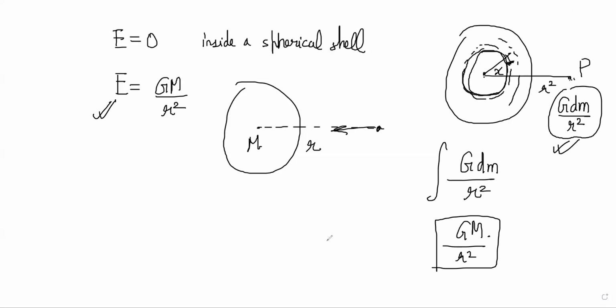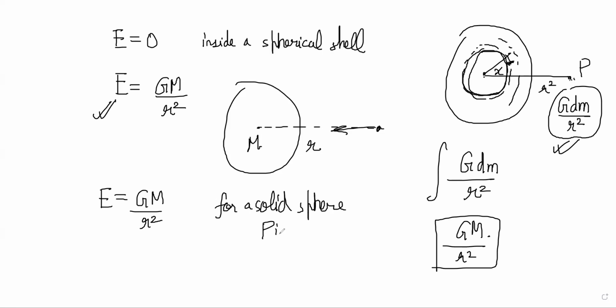So even for a solid sphere, E is equal to G capital M by r square for a point outside the sphere. P is outside the sphere. However, for a point inside, you have to be a little careful. Let's say the point was somewhere here. We have to find the field at this point.